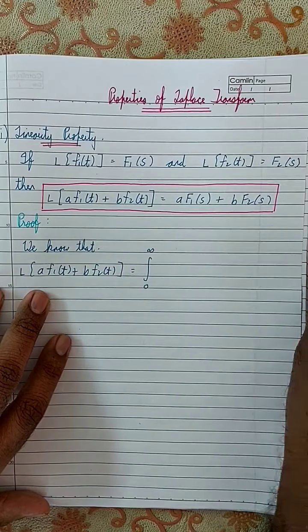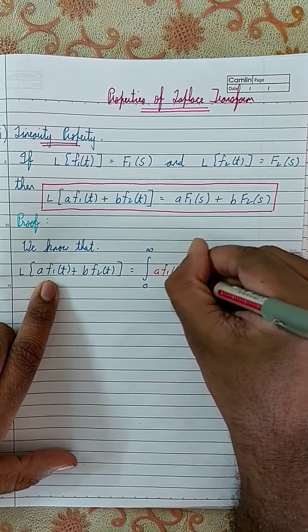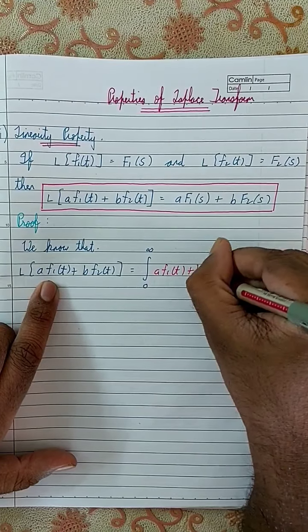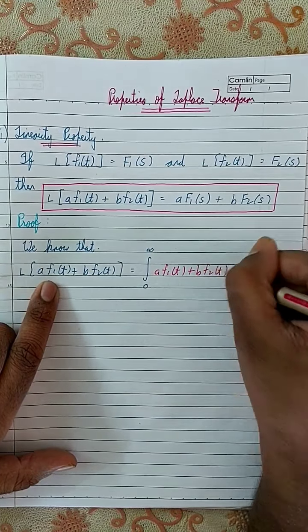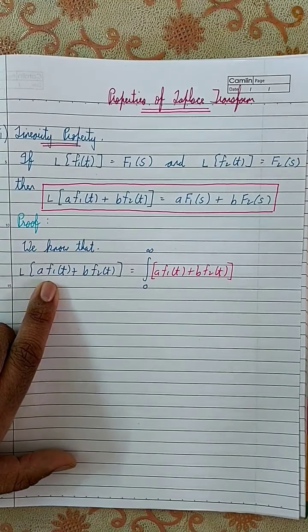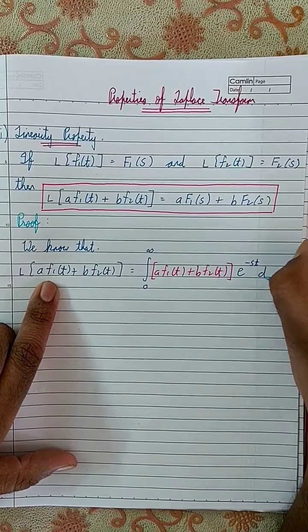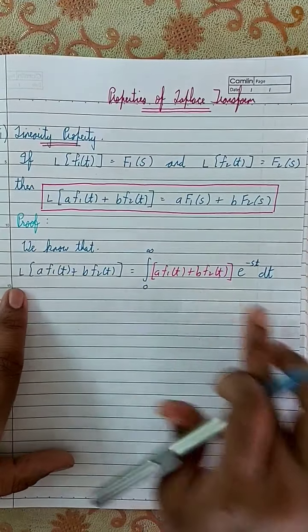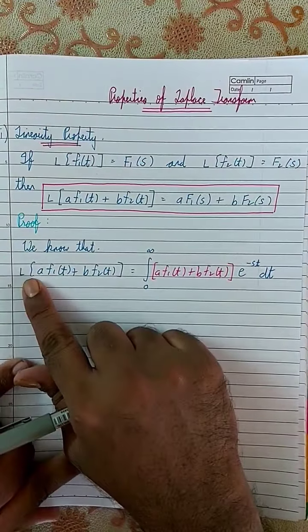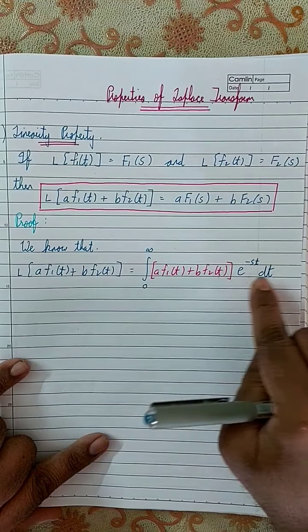Instead of f of t we will write this, that is a f1 of t plus b f2 of t, and the rest is the same, into e raised to minus st dt. Okay, this is the equation for the Laplace transform. That is, Laplace transform of f of t is equal to integral 0 to infinity f of t into e raised to minus st dt.